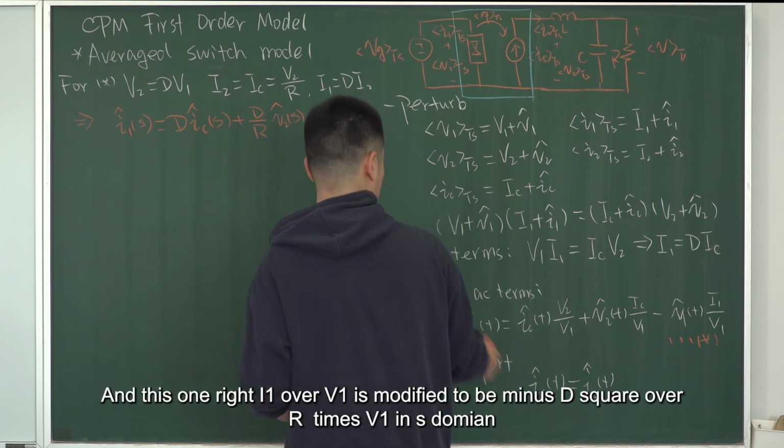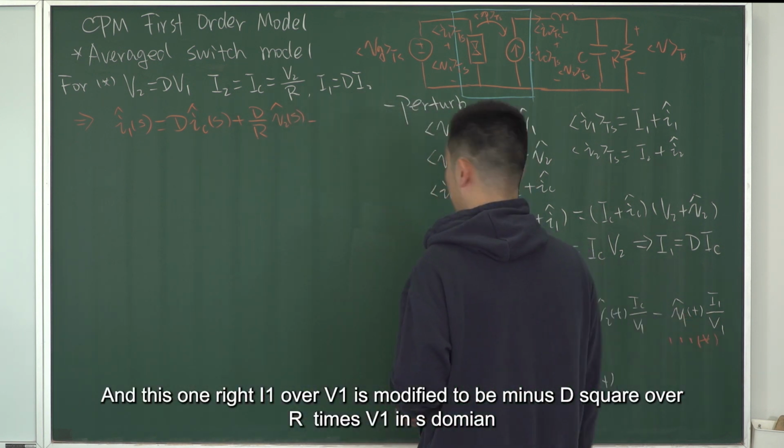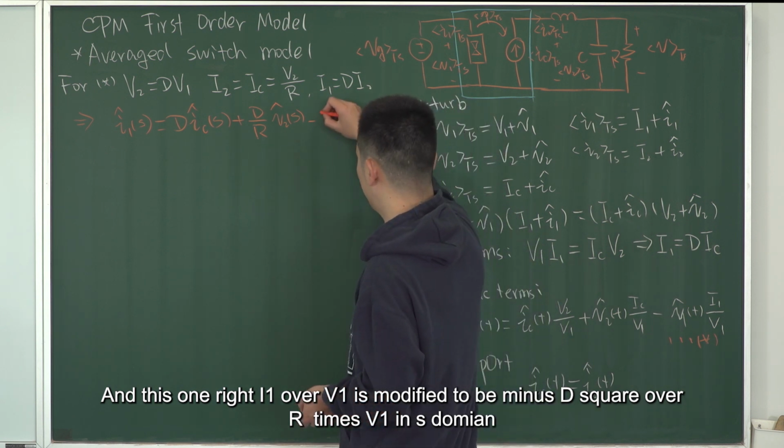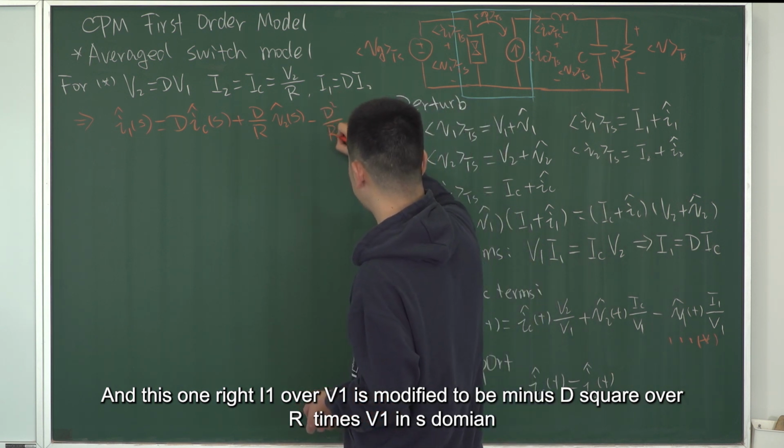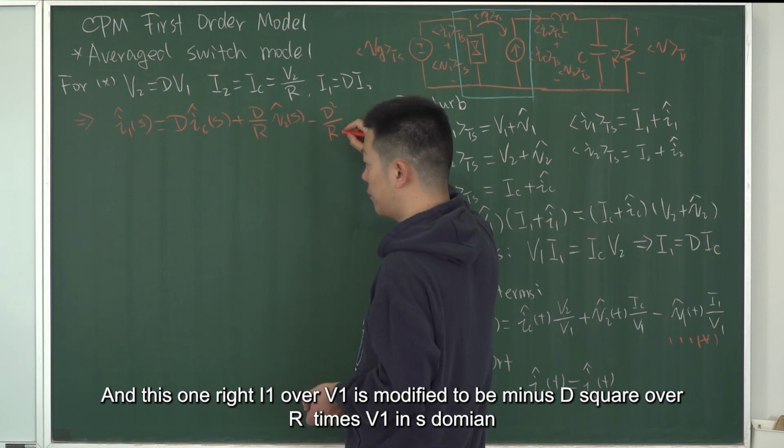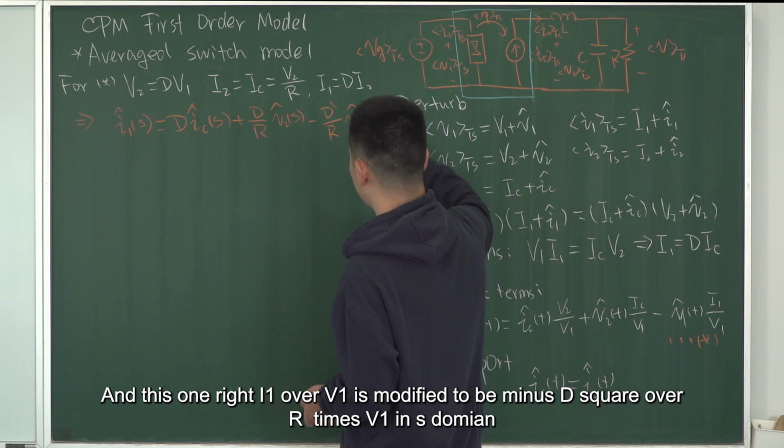And I1 over V1 is modified to be minus D squared over R times V1 in S domain.